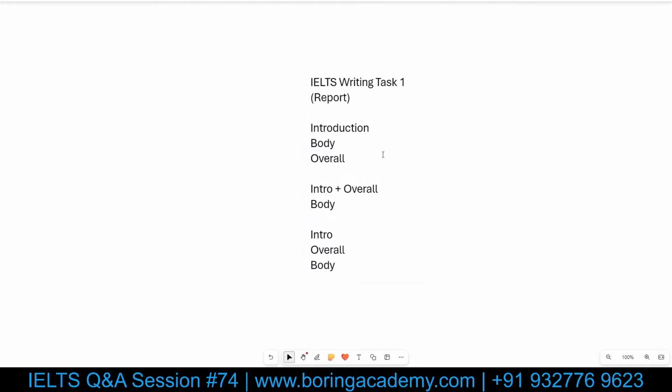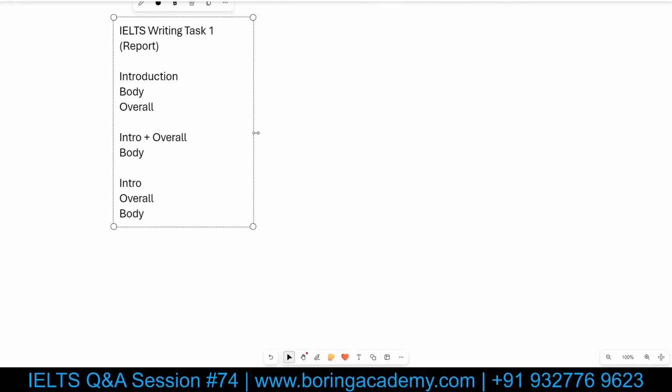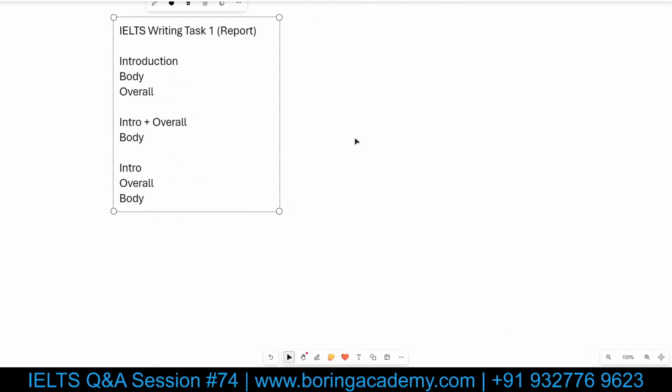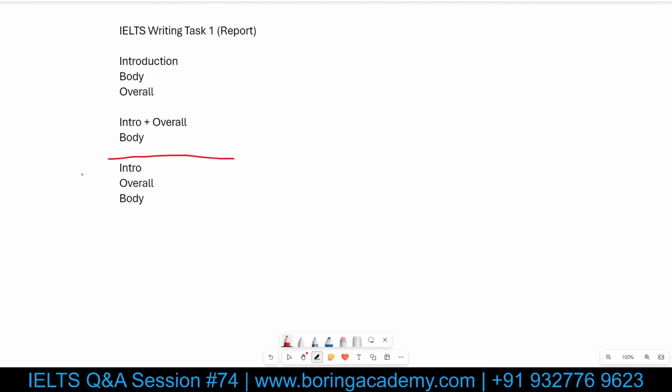Which one do you think is the most efficient one? As far as I know, the third, I think. Can you give me a reason? Because our tutor said that. See, as tutors, we have a responsibility to tell you what's right and wrong, and also to share the logic why this is right and why this is not right.